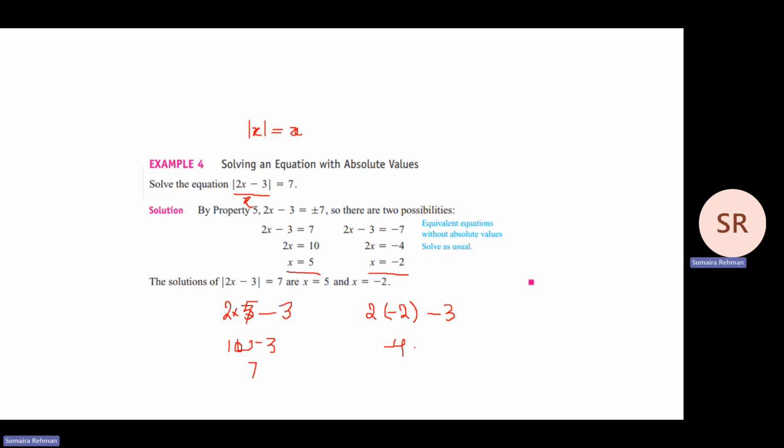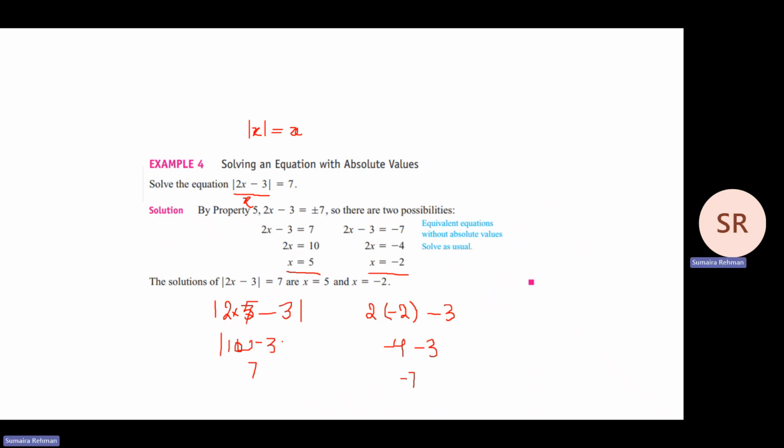And here you will have 4 minus 3. So it will give you actually negative 7. When you add these numbers, negative 7 and negative 3, it will give you negative 7. But what we have here, actually here also we have this.